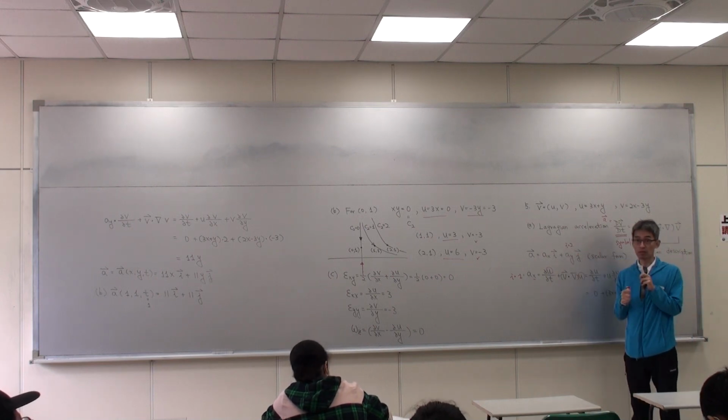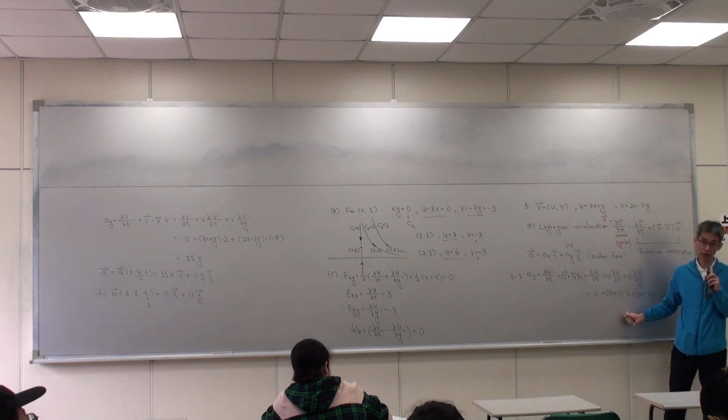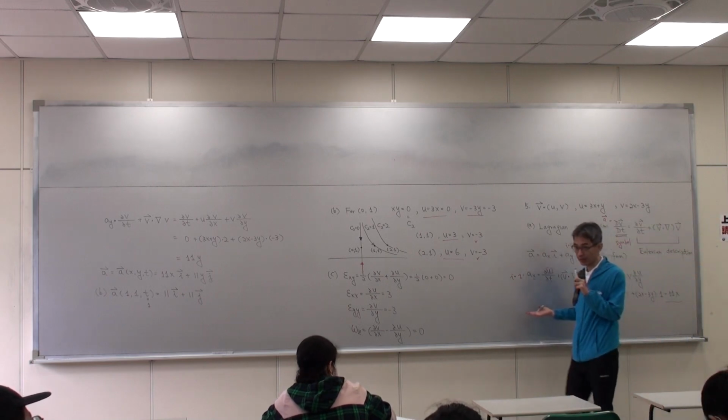But in the end, what kind of result do you get? This is the final result. The scalar form usually is the final result you get. Okay?